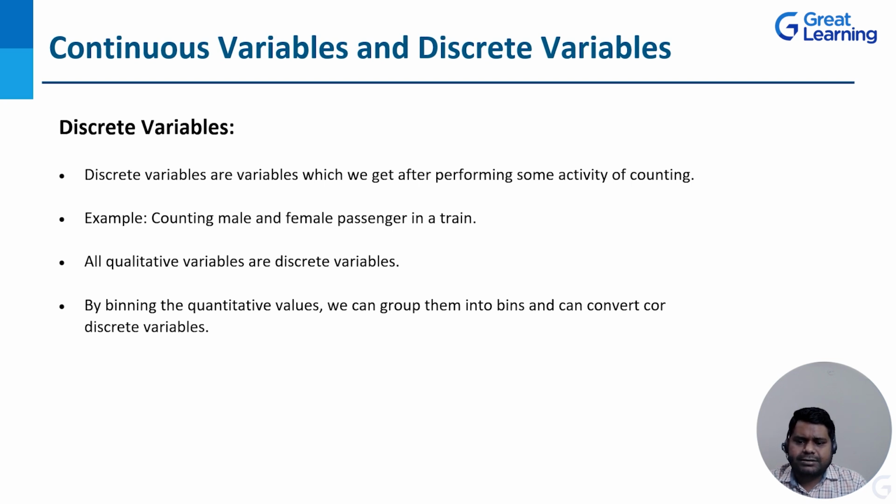Such kind of variable is known as a discrete variable. Discrete variables are qualitative in nature. By binning the quantitative variables, we can group them into different bins, and by doing this, we can convert them into discrete variables.